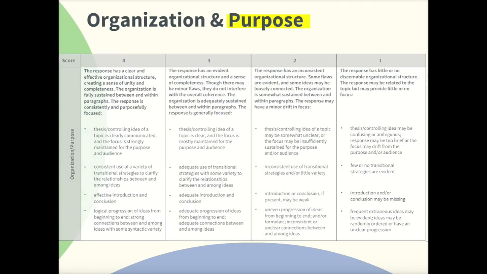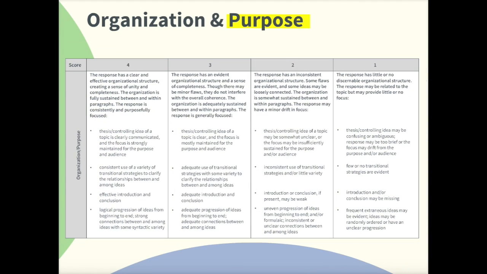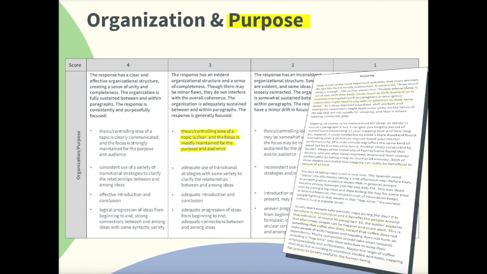I think I've gathered enough evidence related to the essay's purpose, so I'm going to score that part of the rubric now. Using my yellow highlighter, I have selected the Level 3 score for the first indicator of the Organization and Purpose rubric. The controlling idea, that sleep is important and that napping is beneficial to people who need more sleep, is clear and evident in the essay as a whole.